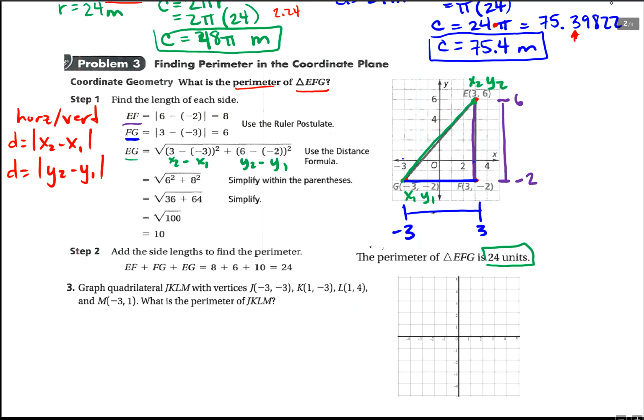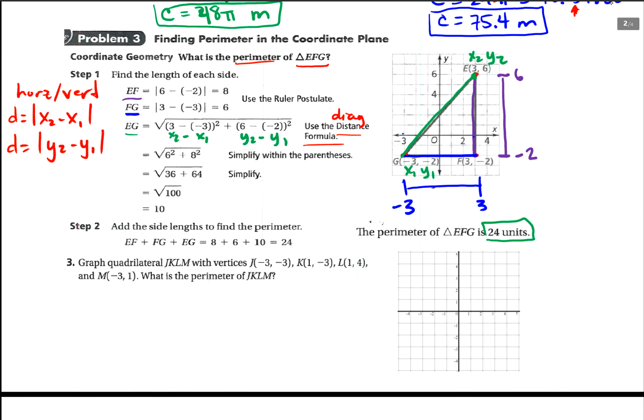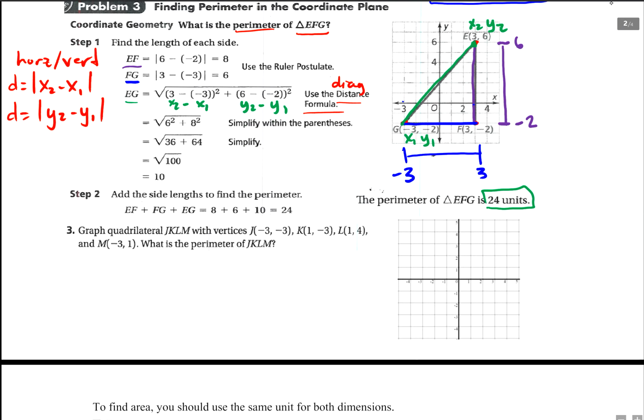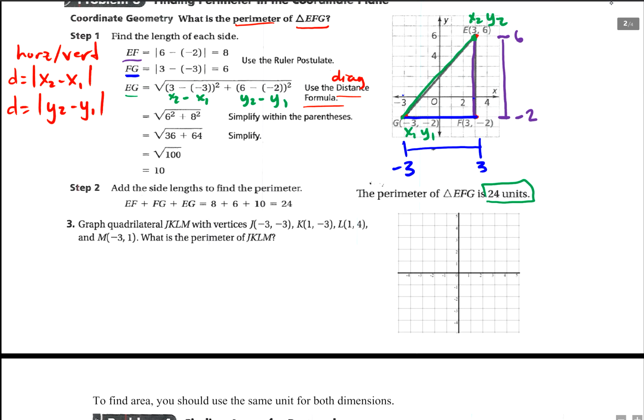And then we use the distance formula for diagonal lines. Alright, go ahead and pause the video and work out the next problem.